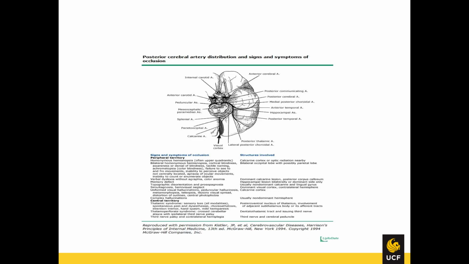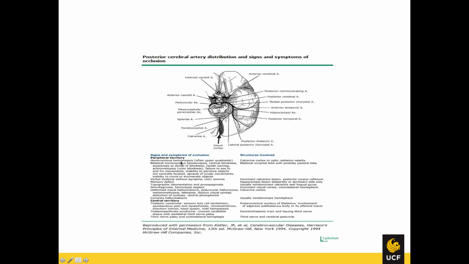Posterior cerebral artery distribution has its own branching out and its own areas of involvement as well. Oftentimes in the posterior cerebral distribution, you think of that being more in the occipital region. Well, what's in the occipital region? It's your visual cortex. Look at the top presentation in the peripheral territory, guys.